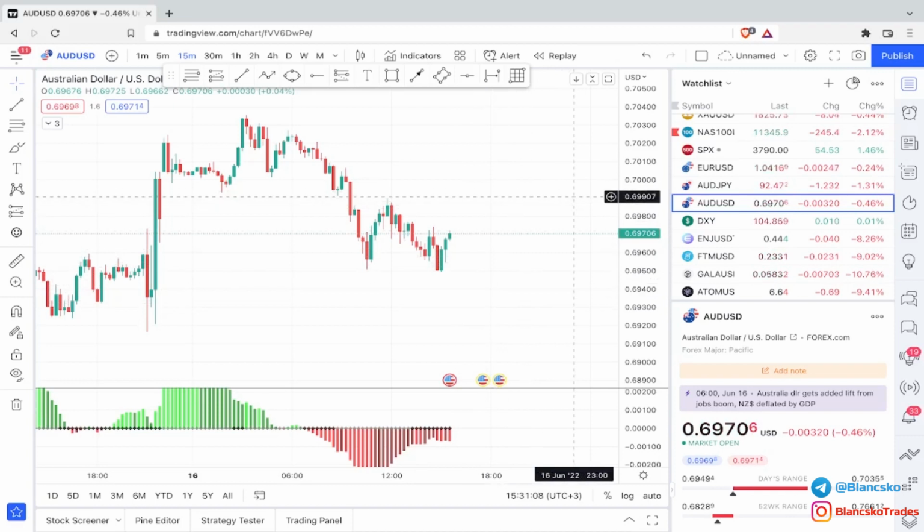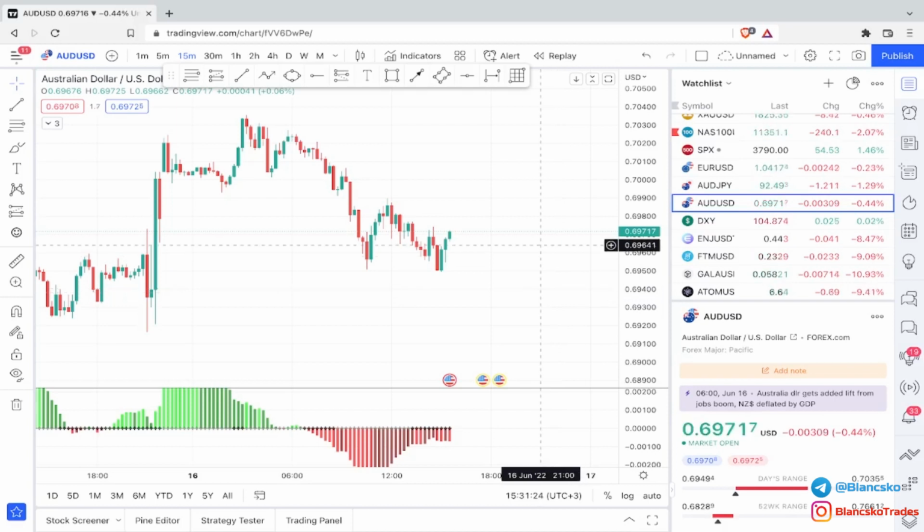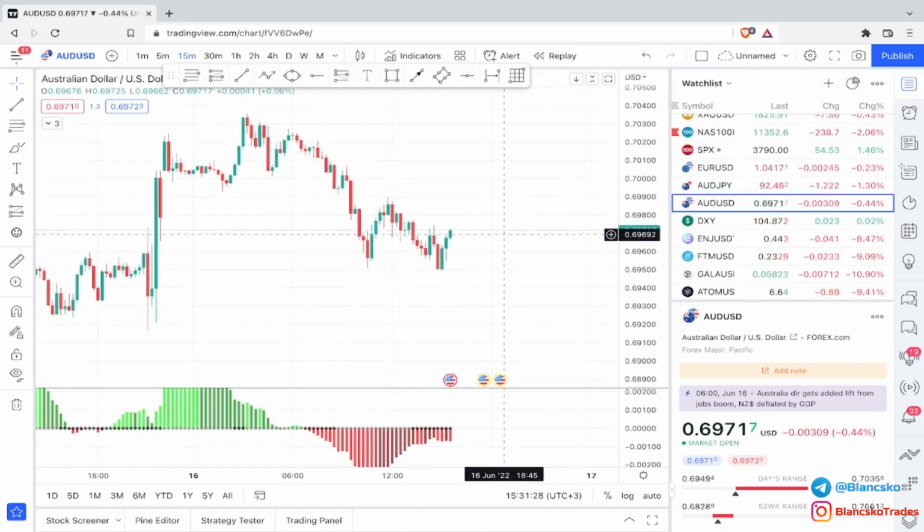Sometimes you might have a 10 pip stop loss, sometimes you might have a 30 pip stop loss, and that's why you need to use the same risk percentage per trade, and after that determine the lot size. But for this strategy, as we do not have a stop loss, we need to use a fixed lot size. So let's say you have a pretty big account, and for this video example we are going to use 1 standard lot. That means 1.00 every single trade.